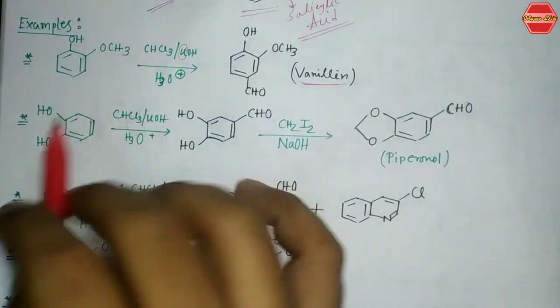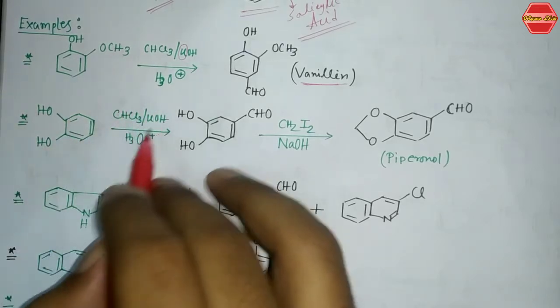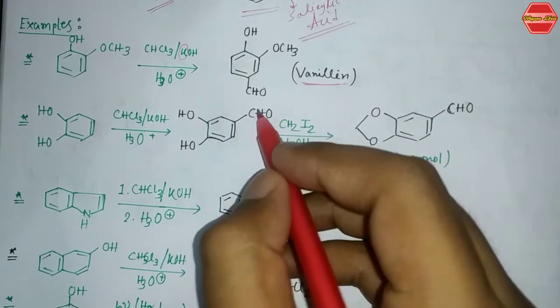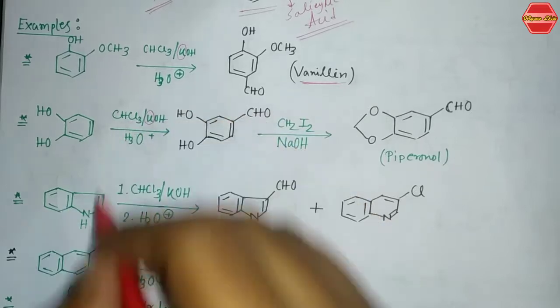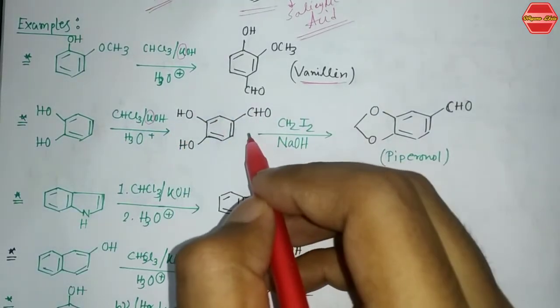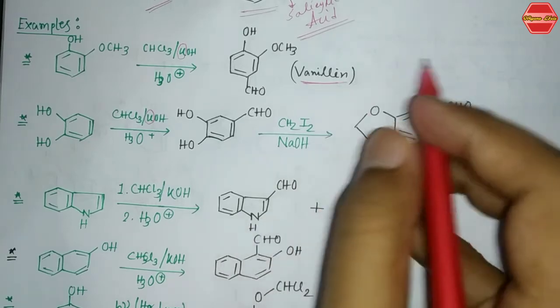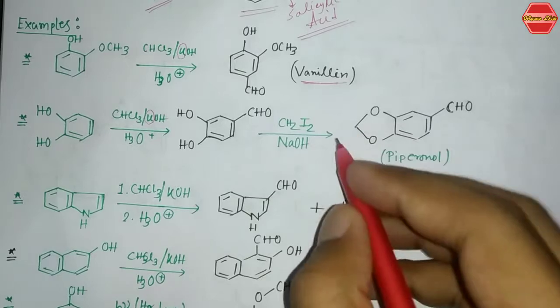One more example is this catechol. Now when we are using this catechol in this condition, this is your major product, para to this OH, using the same condition, that is KOH, so that is why you are getting this product. And if we are using CH2I2 and NaOH, then this kind of product takes place. Now how does this product form?